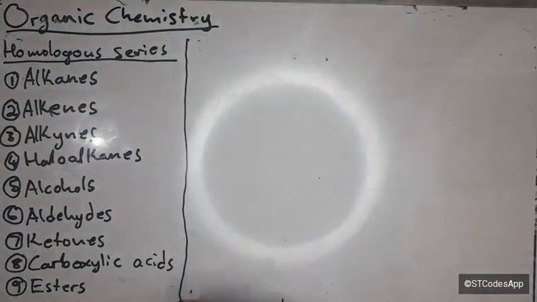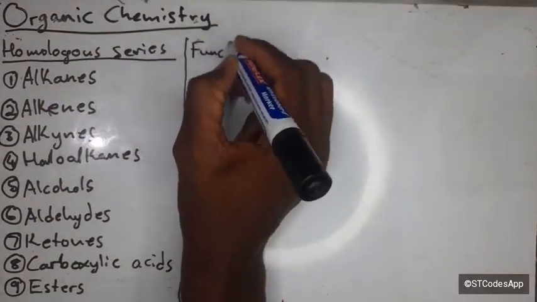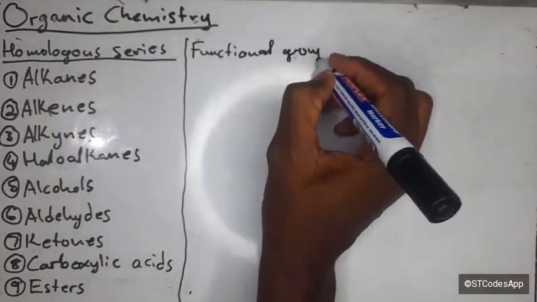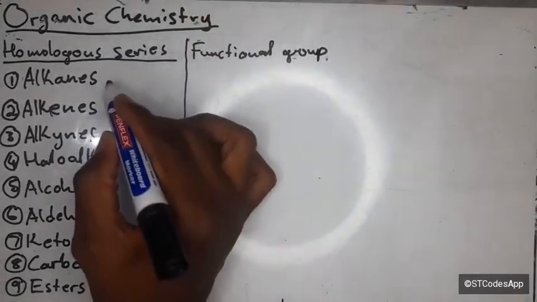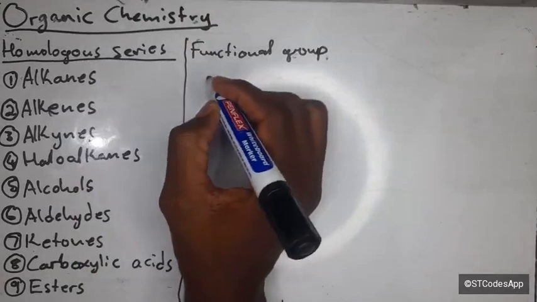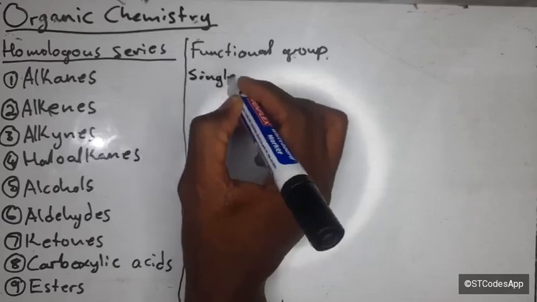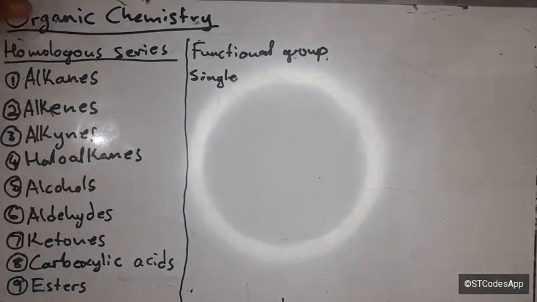So each homologous series has its own functional group. Let me try and simplify these things for you. Homologous series are these things.